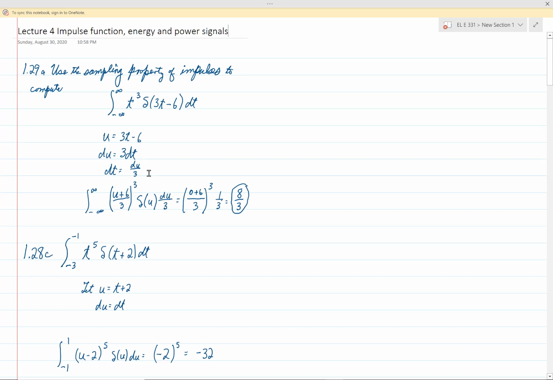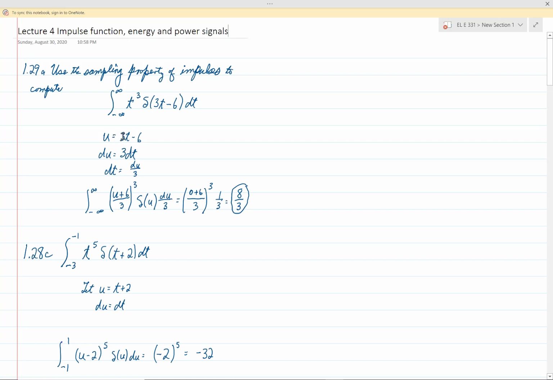So now we're ready to rewrite this integral in terms of this new parameter u. Now notice that when t is equal to negative infinity, since u is equal to 3t minus 6, u will be negative infinity. So the lower limit on the integral stays at negative infinity, and by the same reasoning, the upper limit stays at positive infinity.